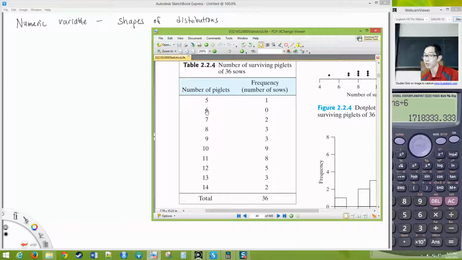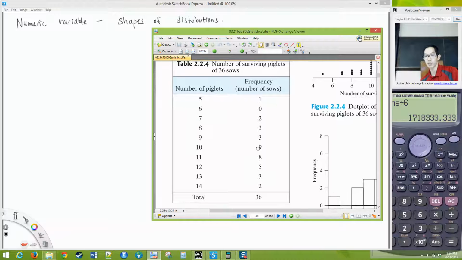It is not wrong to take out the 6, but generally when you're presenting a summary table for numeric data, especially ones with integers, you would include from the smallest number 5 to the largest number 14, everything in between. Okay, unless you're dealing with Bill Gates with 10 million, and then you don't want to have to write everything out. Okay, so this would be a frequency table.